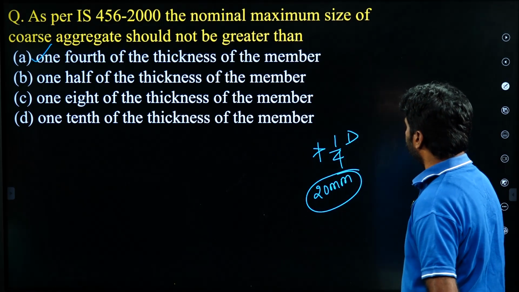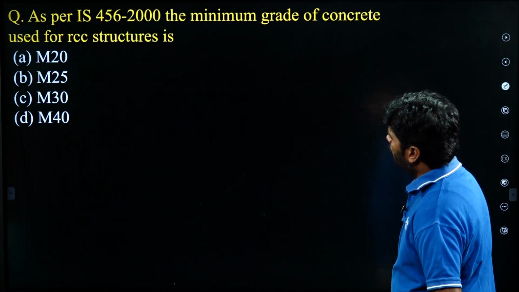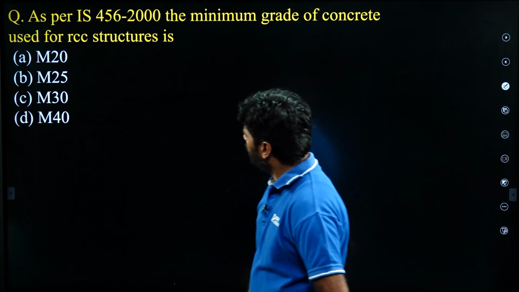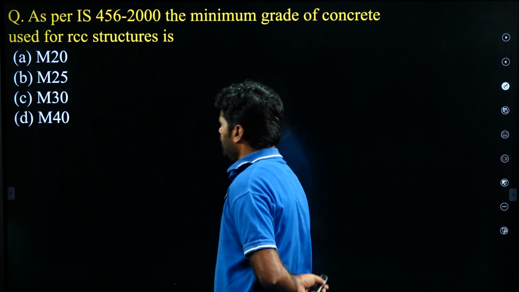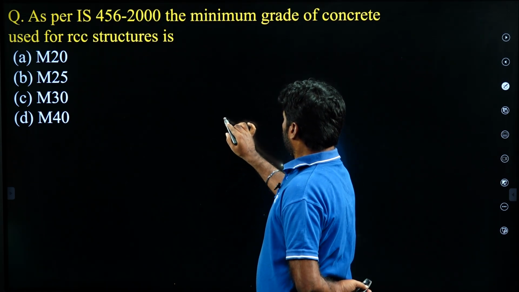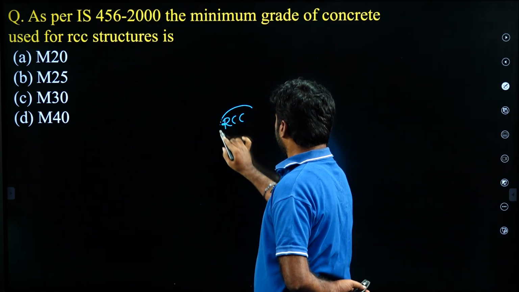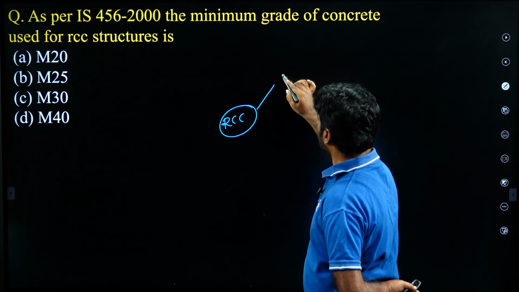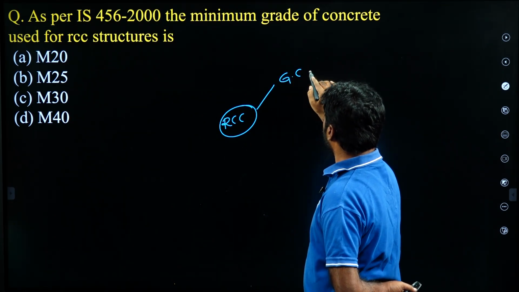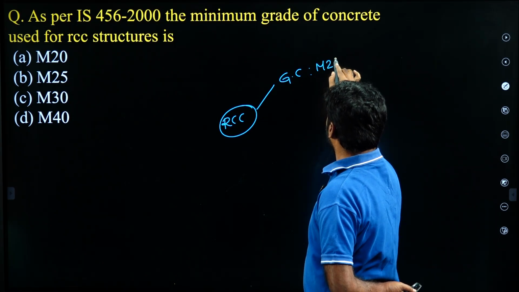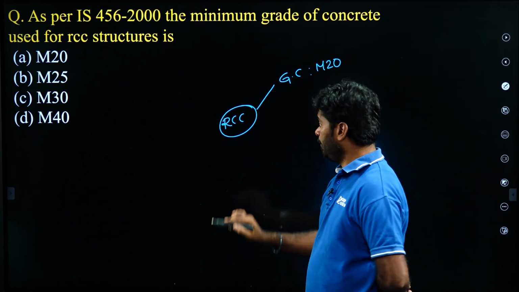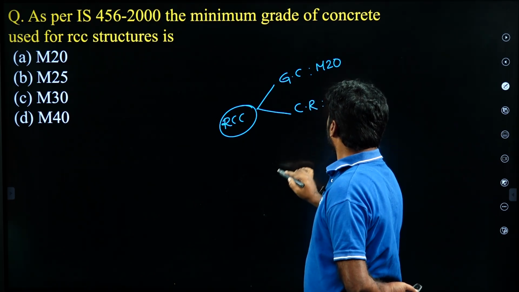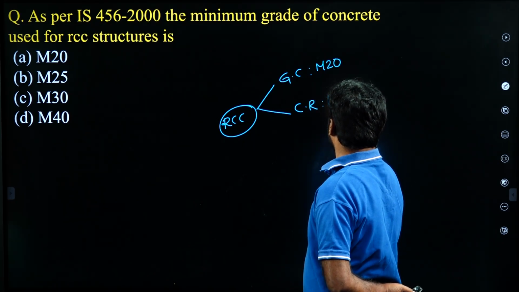Next question. As per IS 456-2000, the minimum grade of concrete used for RCC structures, my dear, for RCC, minimum grade of concrete used in general construction is M20. But in coastal region, minimum grade of concrete is M30.